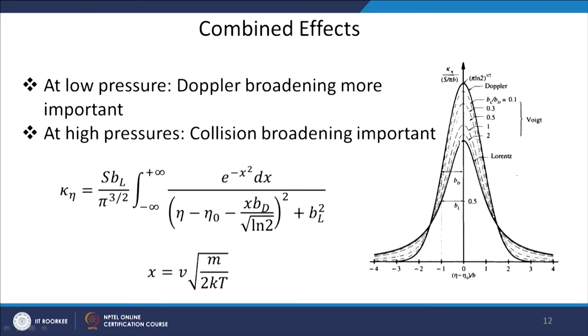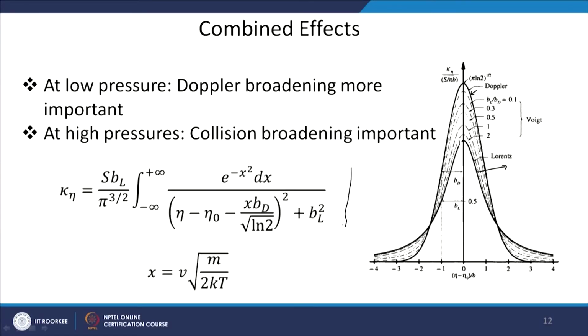Now, this picture basically explains everything. This is the Lorentz profile. When we add both Lorentz and Doppler, we get the Voigt profile. So, this is pure Doppler, this is pure Lorentz, and if we have both Doppler broadening and collision broadening taking place in our problem, we get a combination of Doppler broadening, which is Gaussian, and collision broadening, which is Lorentzian.